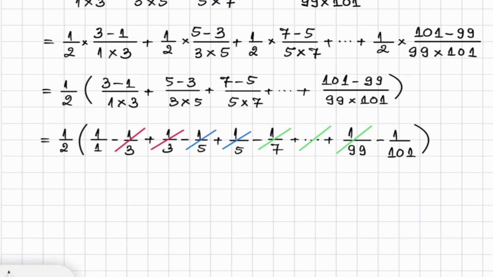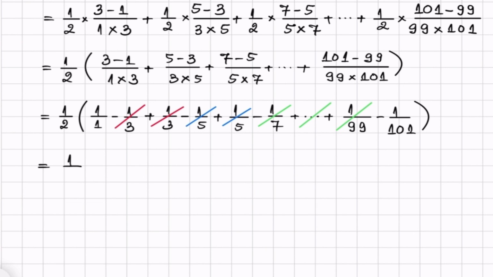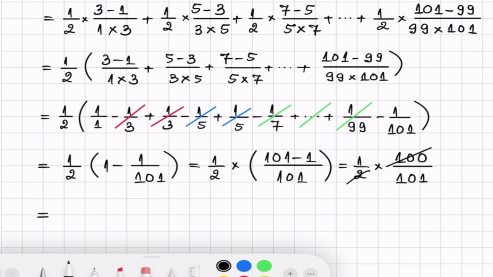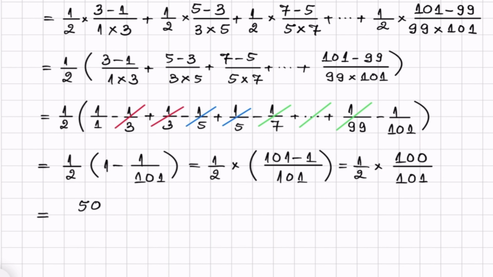Then we have the final answer: 1/2 factor with 1 minus 1/101, then 1/2 times 100/101, and then we simplify 100 with 2, and we get 50/101.